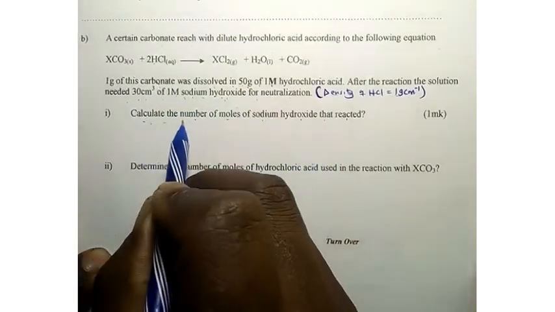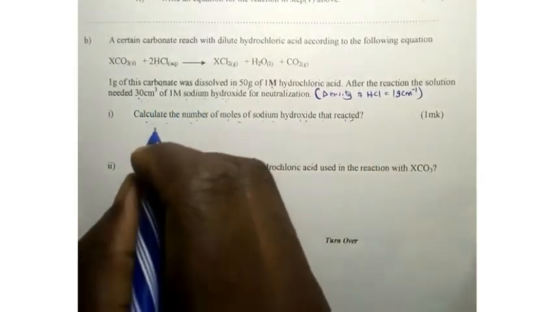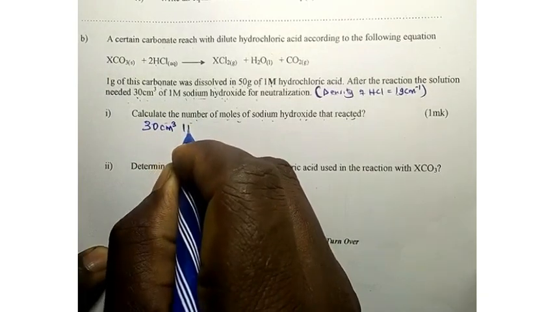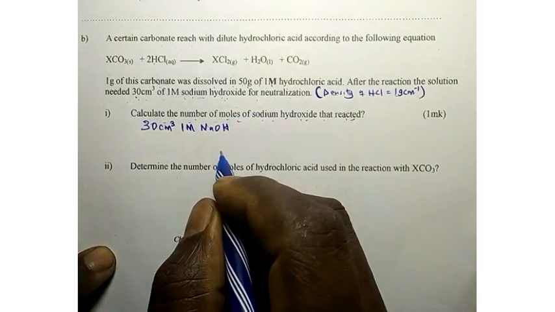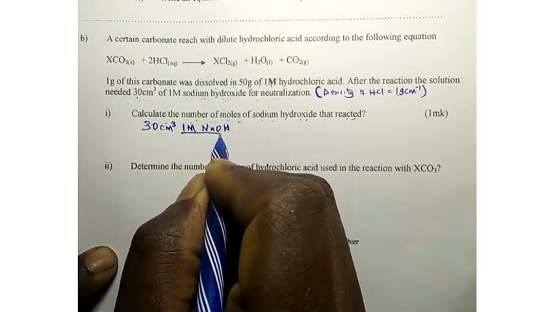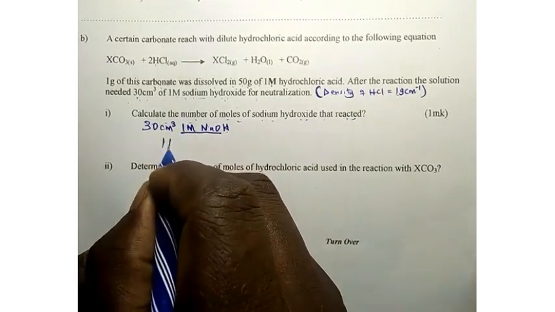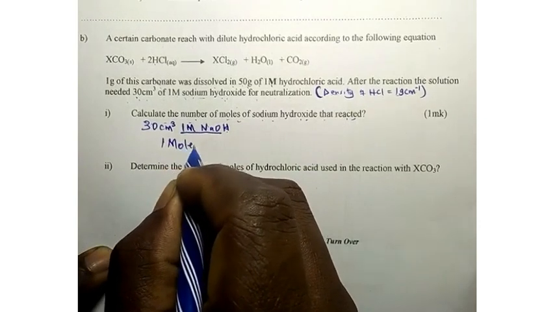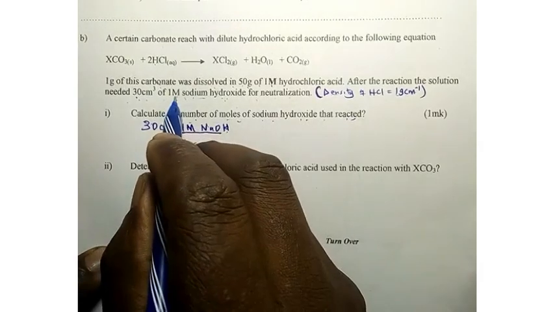Therefore, calculate the number of moles of sodium hydroxide that reacted. That one is directed from here. We have been given that 30 centimeters cube of 1 molar sodium hydroxide reacted with the excess acid. We have been given the molarity of sodium hydroxide. It means that this is 1 molar. 1 molar means 1 mole. Molarity is the number of moles in 1 liter.